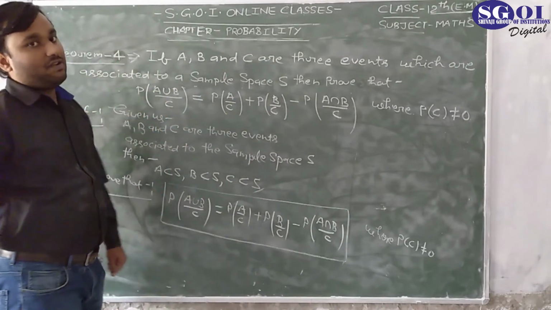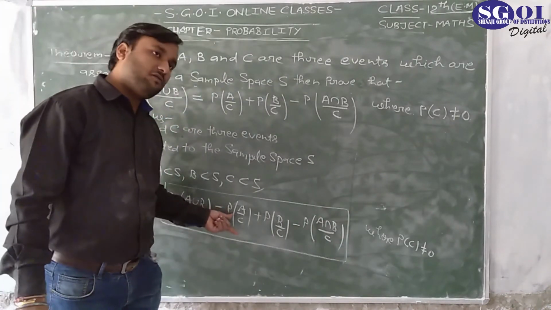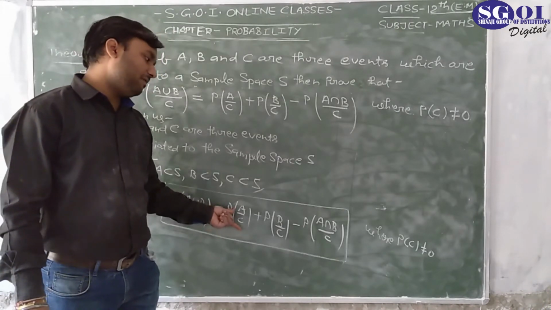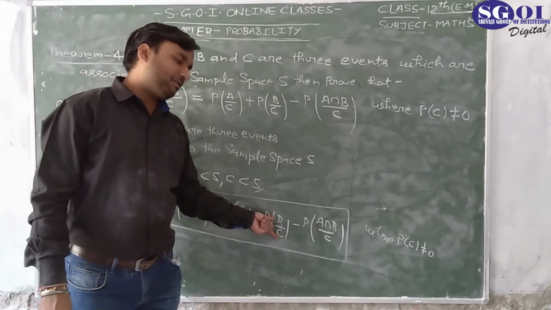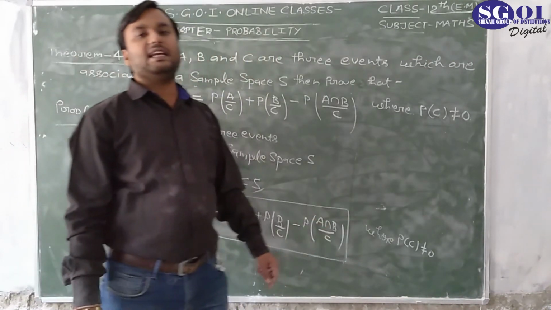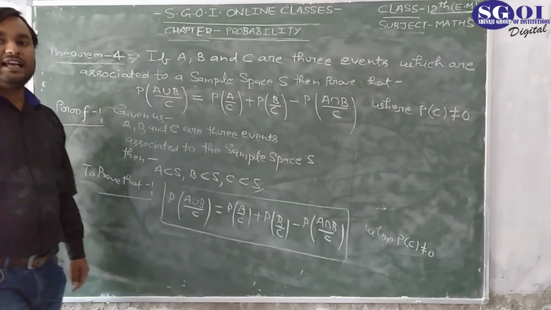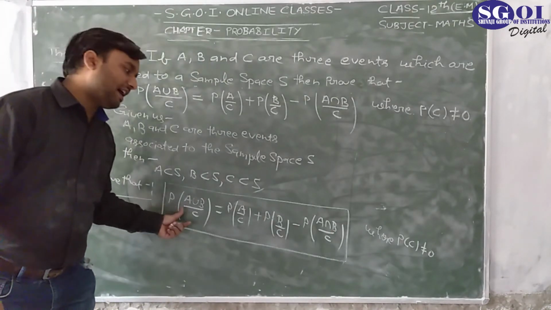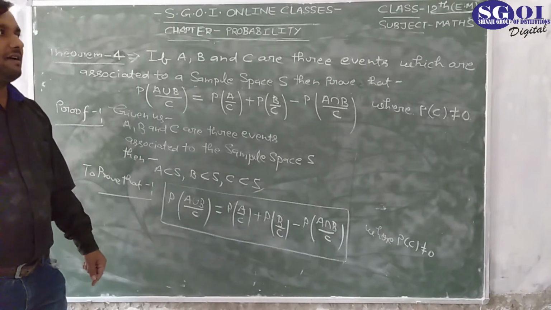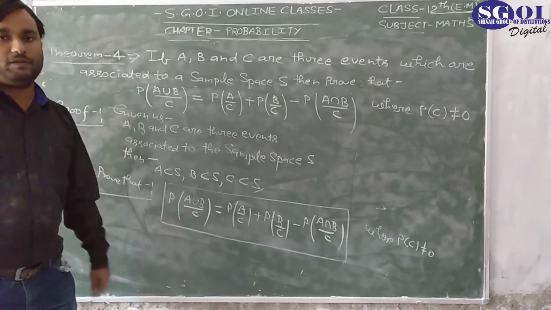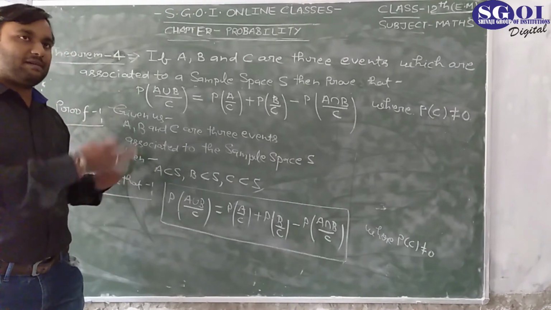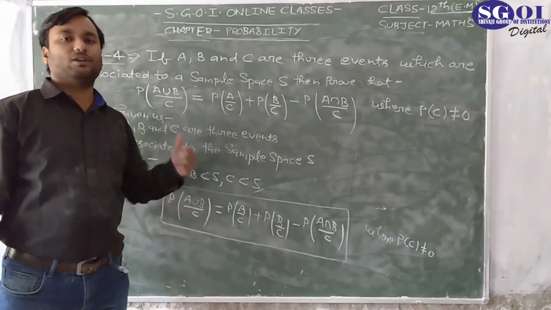For this we have to find some probabilities. We have to find probability A by C, we have to find probability B by C, we have to find probability A intersection B by C, and we have to find probability A union B by C. We have to find these four probabilities, and after managing it through some lines we will find this theorem.